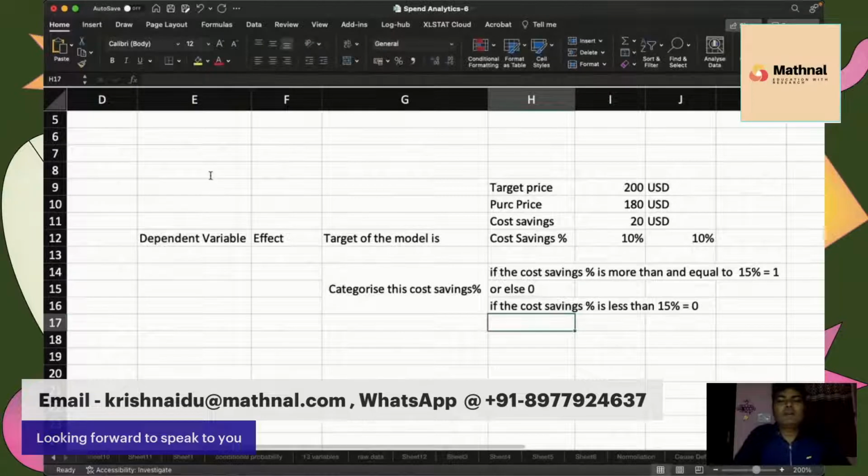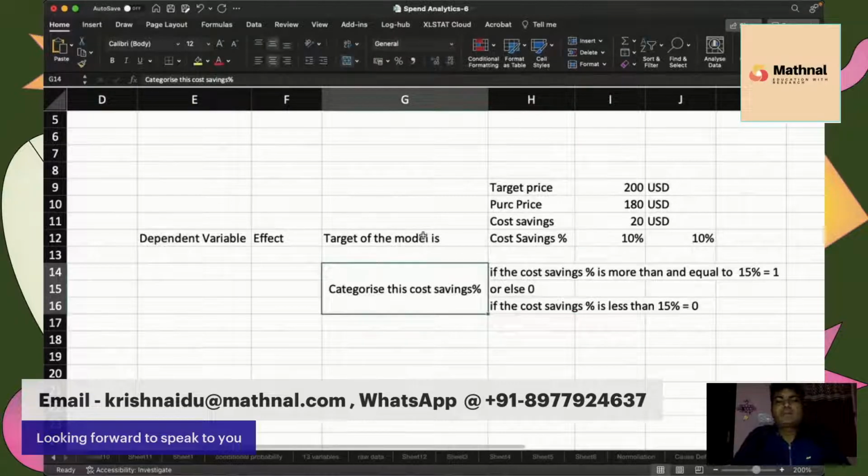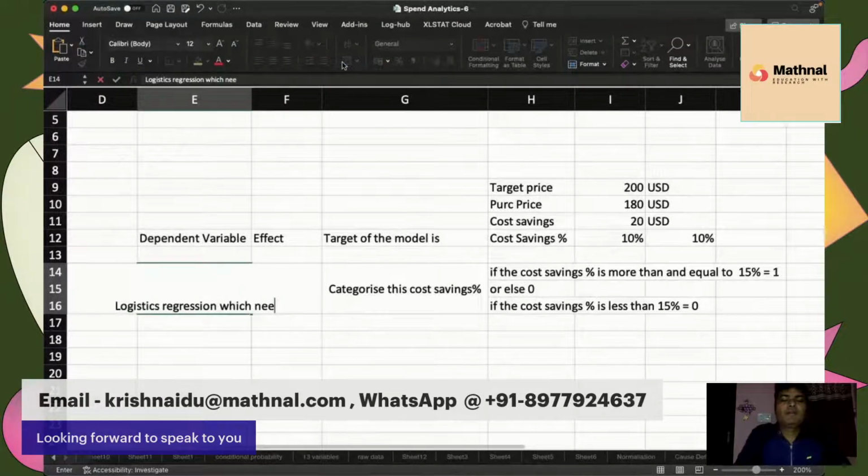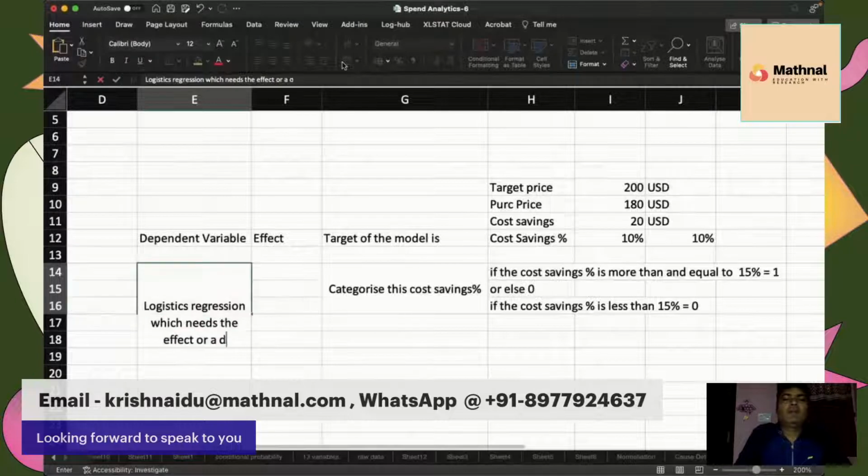So this is our categorical variable. We're converting our cost saving percentage into a categorical one, because we are going to work with a machine learning algorithm, logistic regression, which needs the effect, or dependent variable, in the form of a binary category.